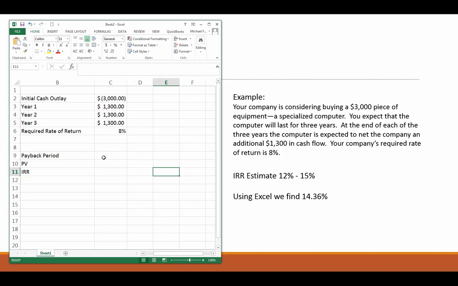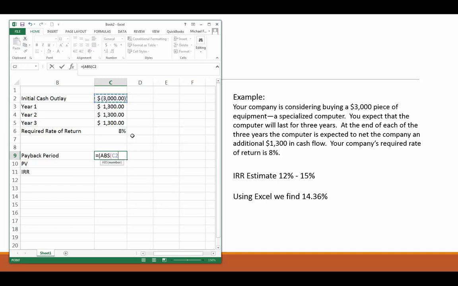So the first one we want to calculate is our payback, or our payback period. And if you remember, the formula for that was simply to take our cash outlay and divide that by our annual cash inflow. So to do that in Excel, I'm going to say that this cell equals, and I have to use a function here that people don't always know to use, and that is called absolute value, ABS, because I don't want it to be a negative 3,000.